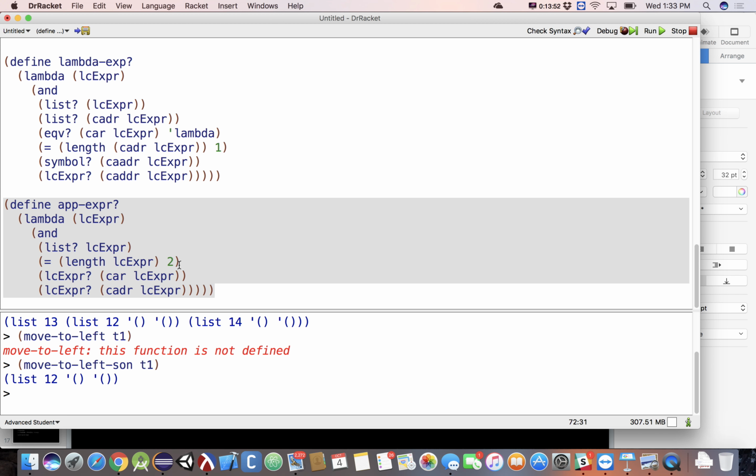It's a list, specifically it's a 2-list, whose car is an Elsi expression and whose cadr is an Elsi expression.